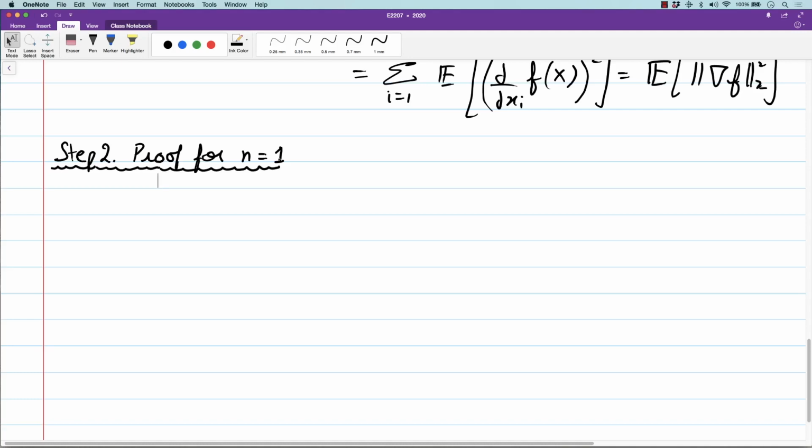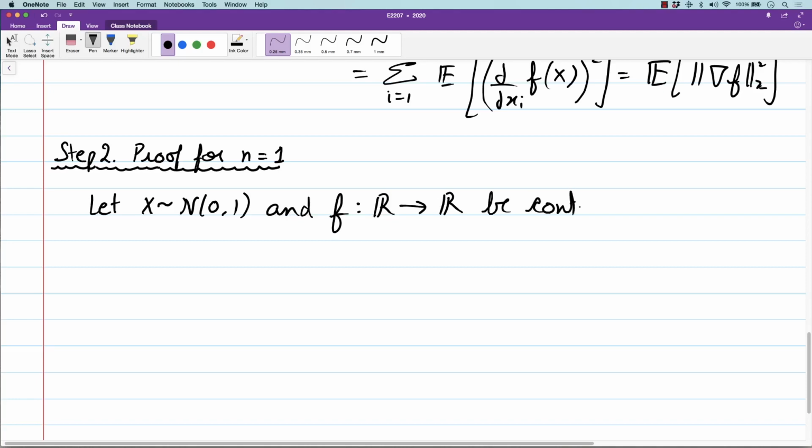Okay, so that proof itself is very interesting. So what we have to prove: let X be a standard normal random variable and f, now we can think of it as a function from R to R, be continuously differentiable.